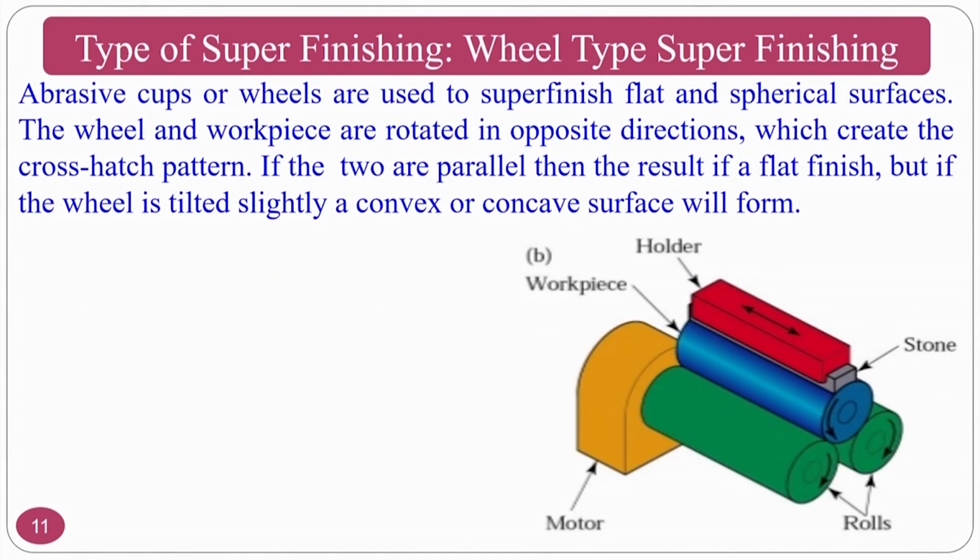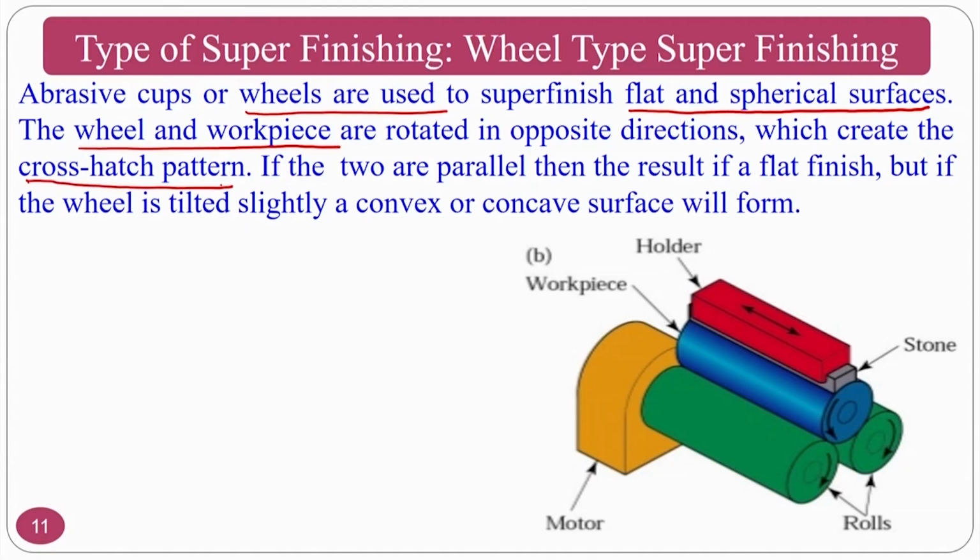The second type is the wheel type of super finishing process. These abrasive cups or wheels are used to super finish flat as well as spherical surfaces. The wheel and the workpiece are rotated in opposite directions, which creates a crosshatch pattern.